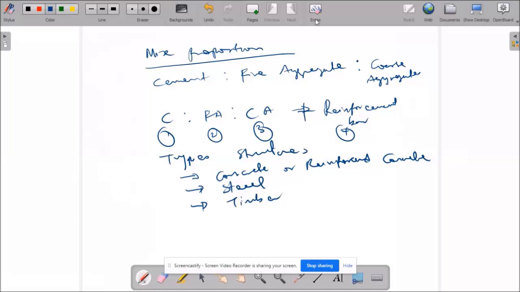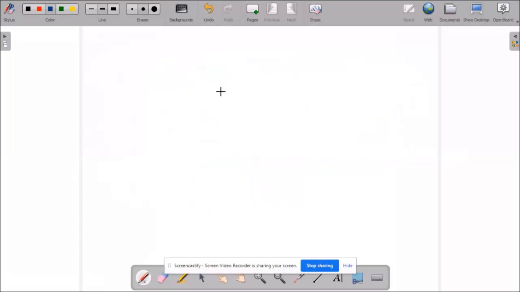From there, we move to another topic known as the characteristic strength.